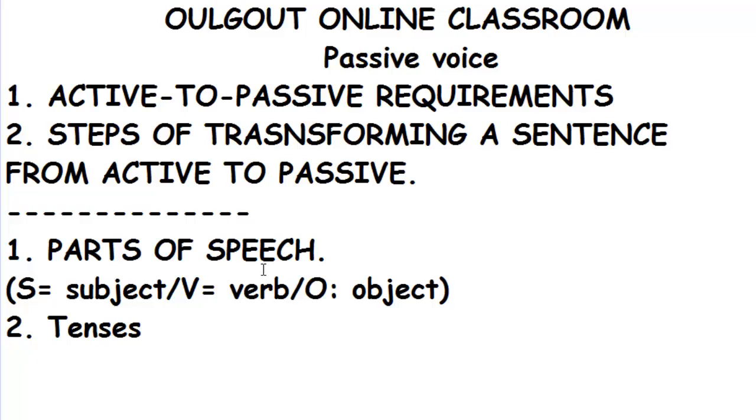And each tense can be broken down into four other categories: simple tenses, continuous or progressive tenses, perfect tenses, and perfect progressive tenses. So you have to learn the form of each tense in English.